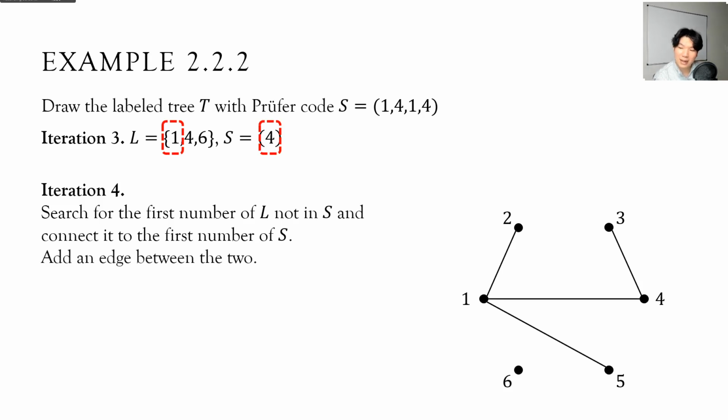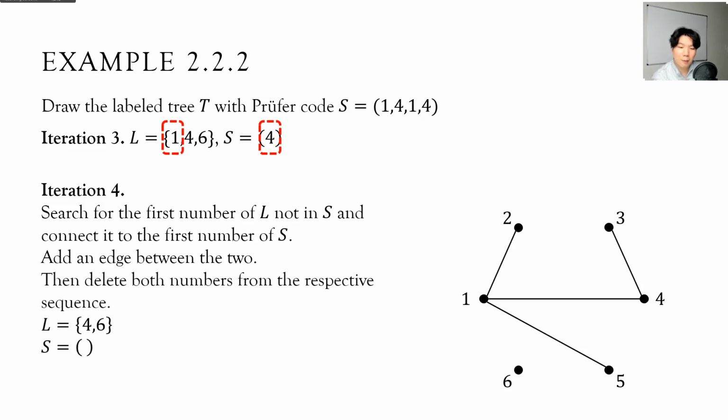So here, if I draw the edge, I have this new picture. And then I delete these 2 values, leaving me with L is 4, 6, and now S is the empty sequence. I should be able to do one more quick step here to complete my algorithm.